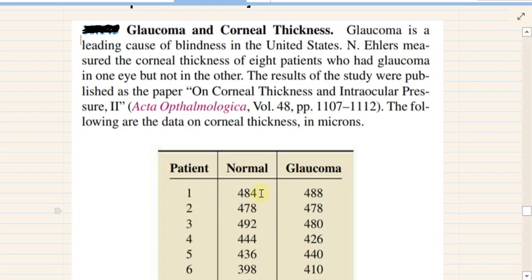Instead of looking at, for example, 8 people that have glaucoma in one eye, and 8 different people with normal eyes and comparing their corneal thickness, that would be inaccurate. This is the correct design for this exercise or this research. And there's an actual citation.